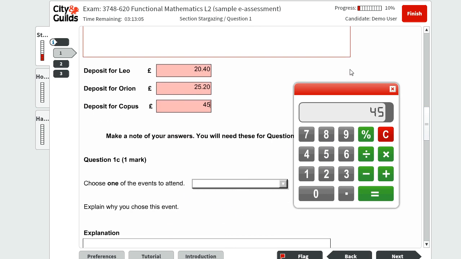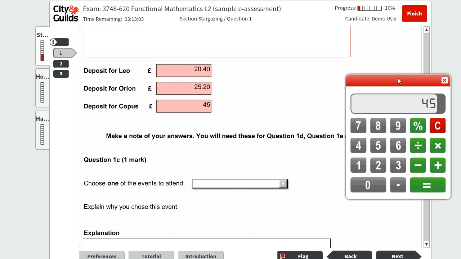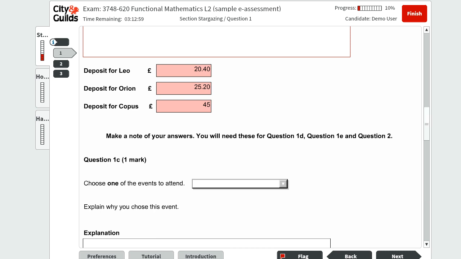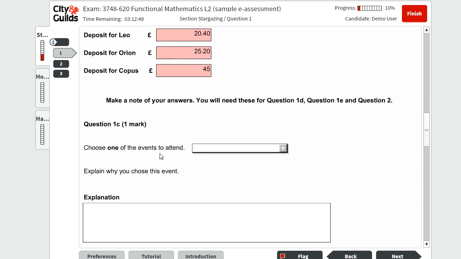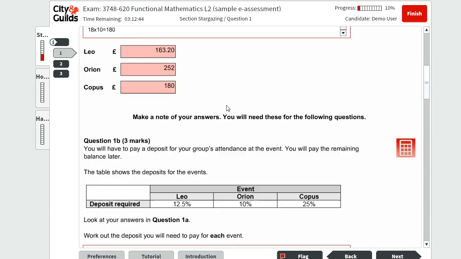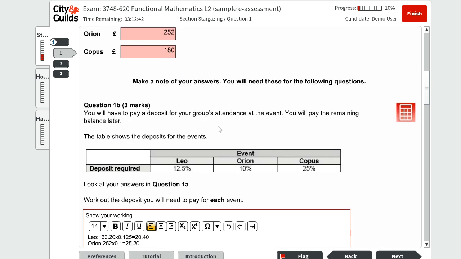They are again reminding you to make a note of your answers, as you will need them for question 1D, 1E. That usually is a table where you have to show your results. We will pick one of the events to attend. Out of the three, the cheapest is Leo, clearly.